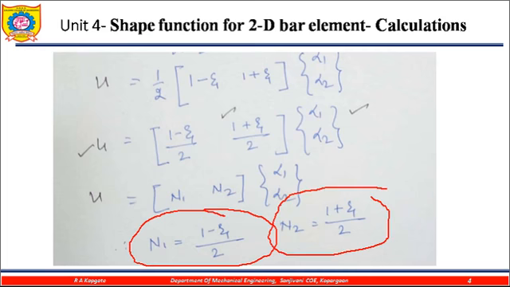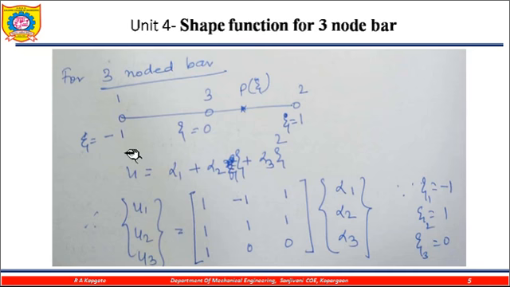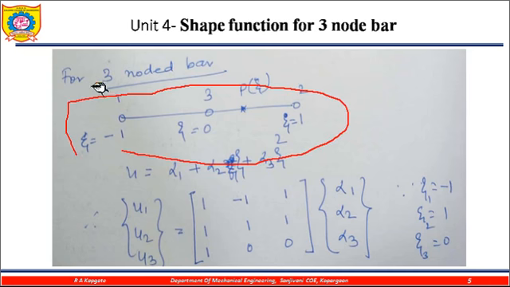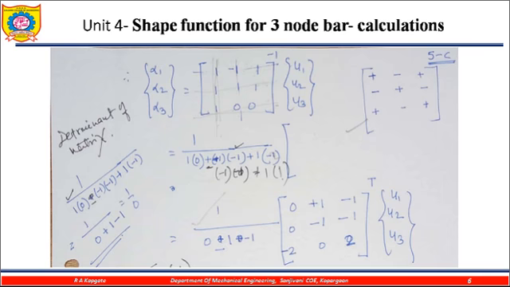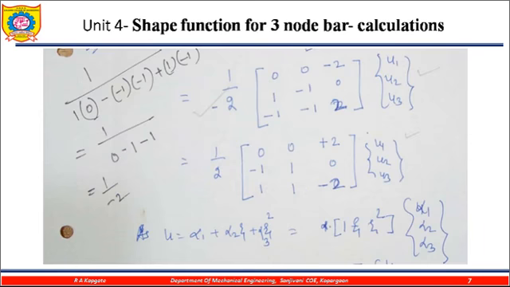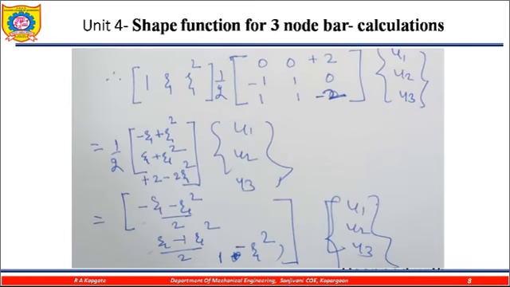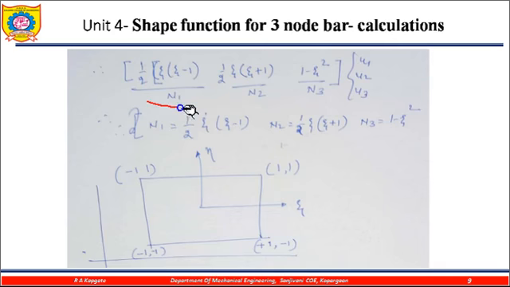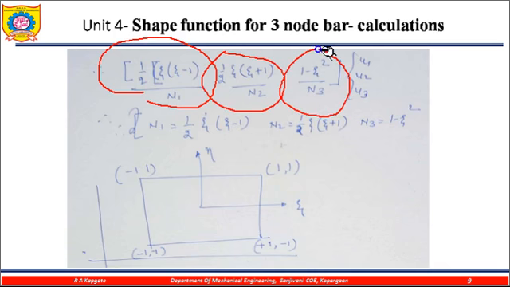Now when the nodes increase, instead of 2 the nodes are 3. Then the shape functions change, and this is my n1, this is my n2, and this is my n3.